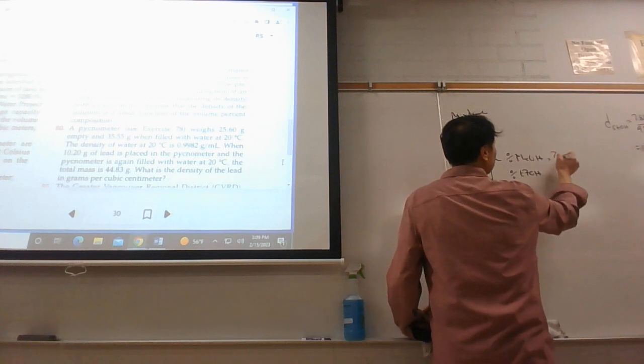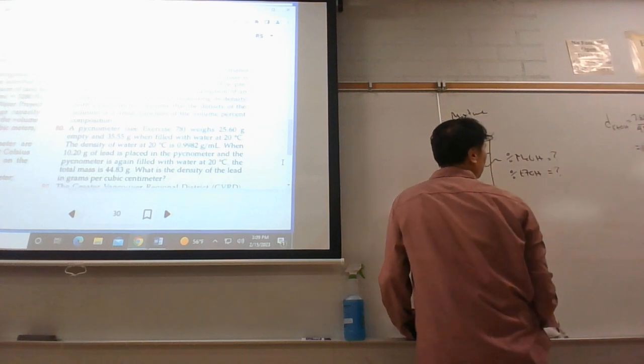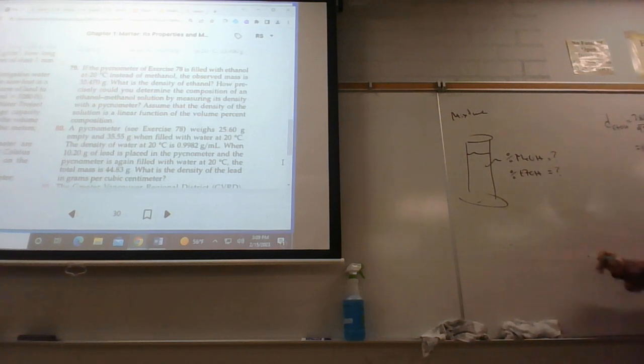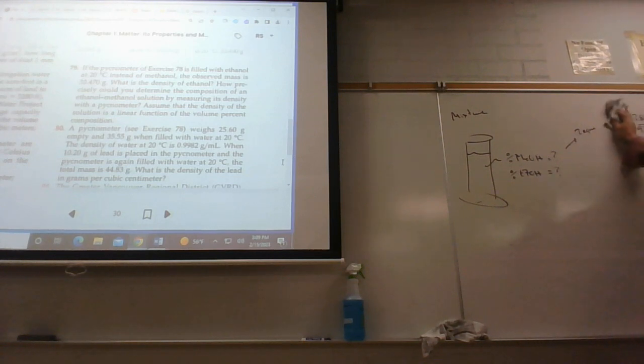And this is going to be unknown, this is going to be unknown. So we have 2 unknowns, x and y. If we have 2 unknowns, we need 2 equations. Or an alternate method.